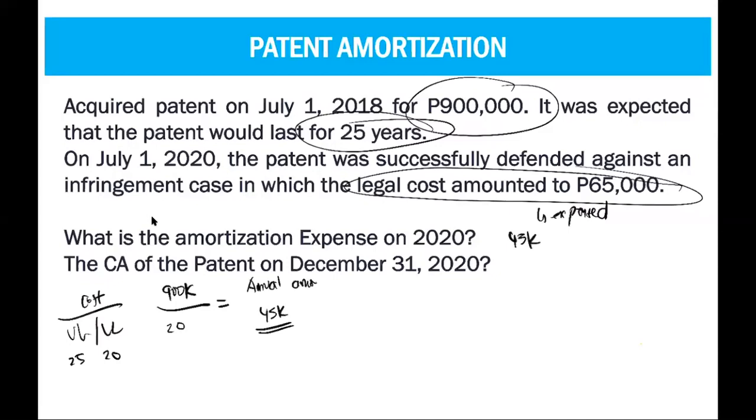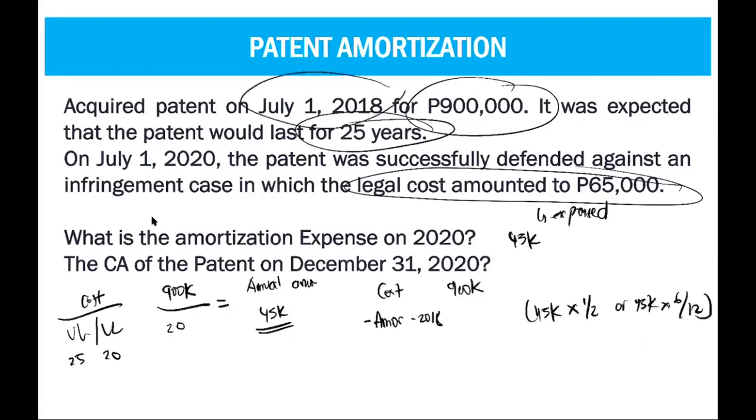So what is the carrying amount on December 31, 2020? Our cost is 900,000, right? And there is an amortization on 2018. Since we purchased it on July 2018, that is only one half. 45,000 times one half, or 45,000 multiplied by 6 over 12, because the purchase date is July 1, 2018.